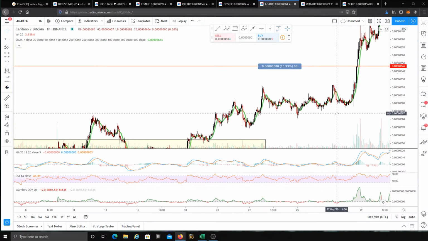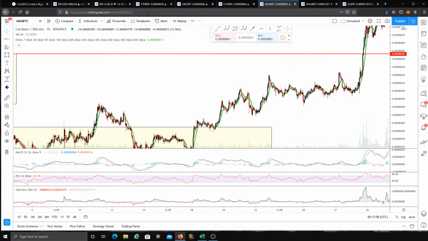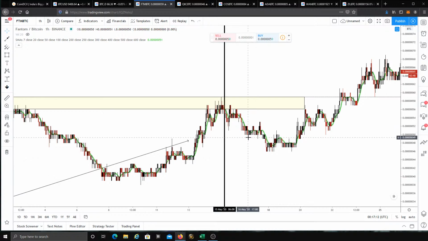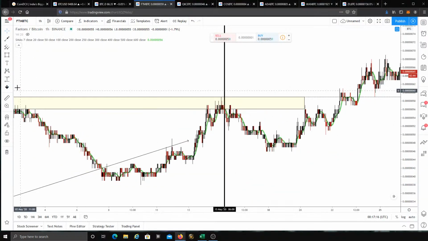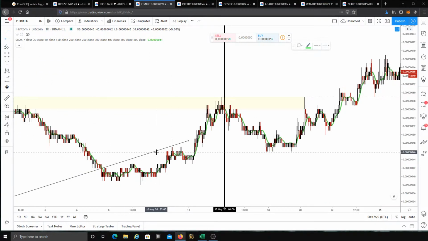So you would have psyched yourself out, and you would have missed the bigger move. So that's what happened to me here at FTM, selling at 51. And then look where this bottomed out at about 46.